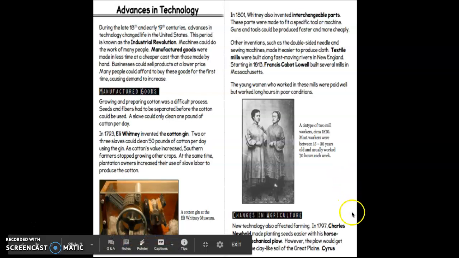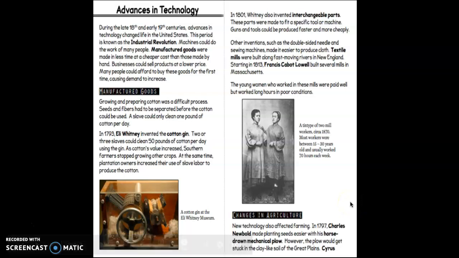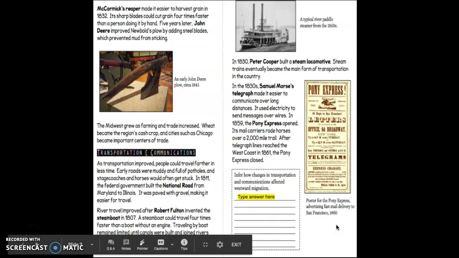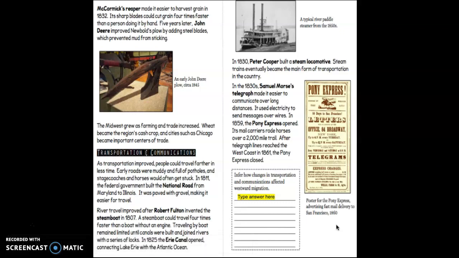So changes in agriculture. New technology also affected farming. In 1797, Charles Newbold made planting seeds easier with his horse-drawn mechanical plow. However, the plow would get stuck in the clay-like soil of the Great Plains. Cyrus McCormick's reaper made it easier to harvest grain in 1832.